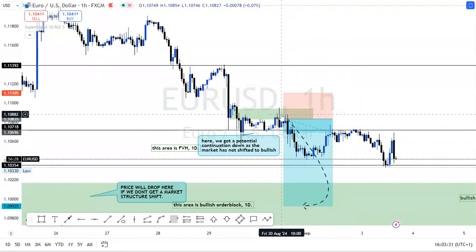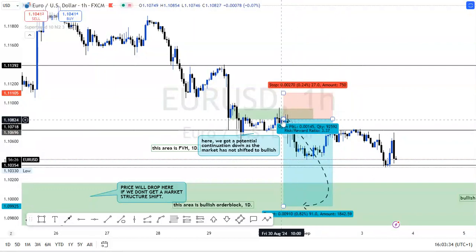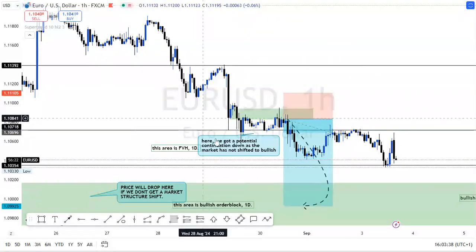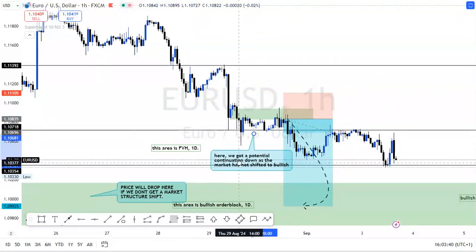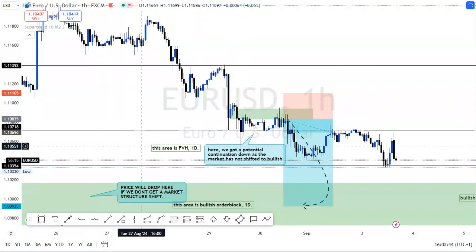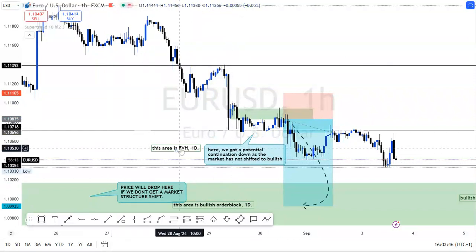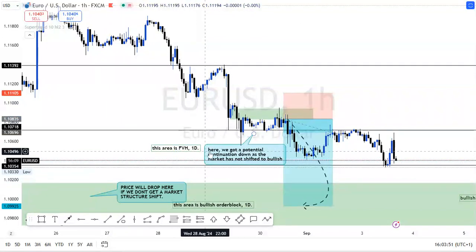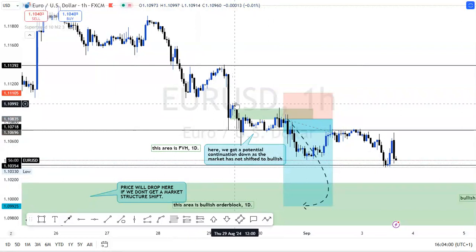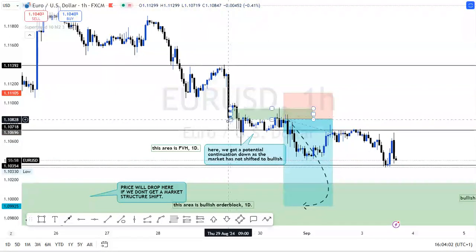I said, if I sent this out as a signal, I didn't take it because it wasn't my typical kind of setup, to be sincere. But it is impressive to see how it worked out. I said this area is a fair value gap on the 1 day time frame. I also said here we got a potential continuation down as the market has not shifted to bullish. Why? Because there's a break of structure here, which is this low.